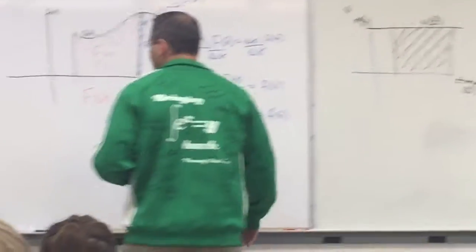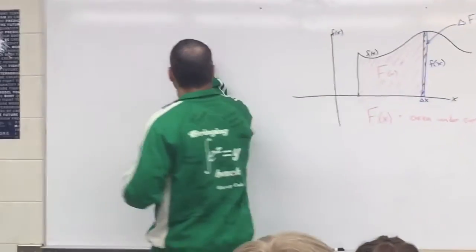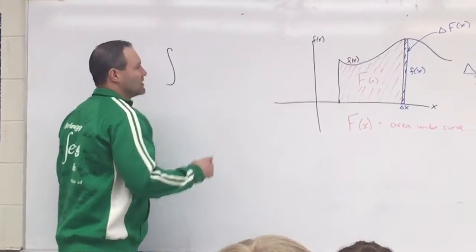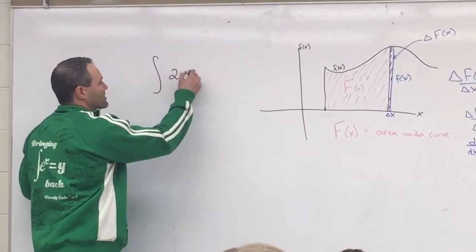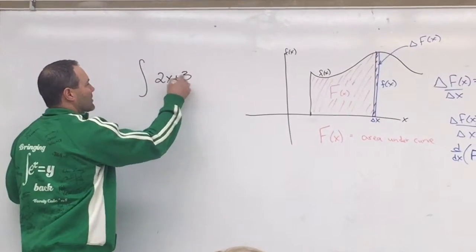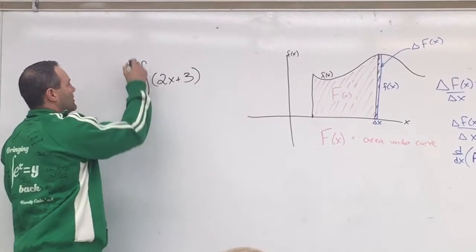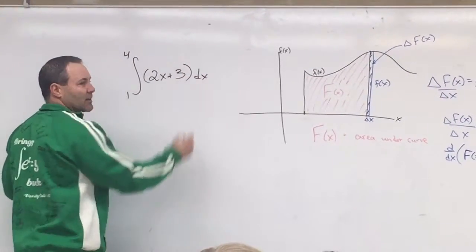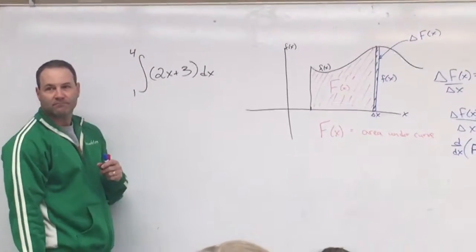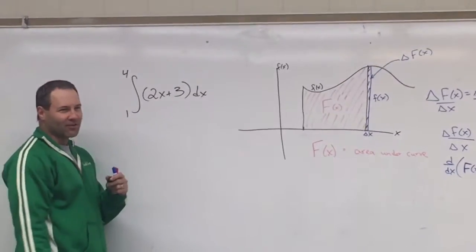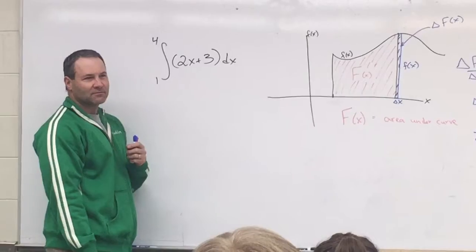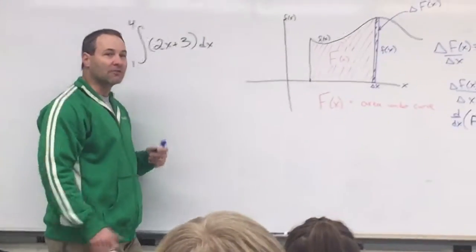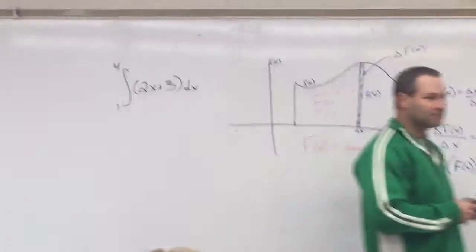So, let's try something. Let's find the integral of 2x plus 3 from 1 to 4. Can we figure that out? No calculator. Find the antiderivative. See if you can find the antiderivative and evaluate it.